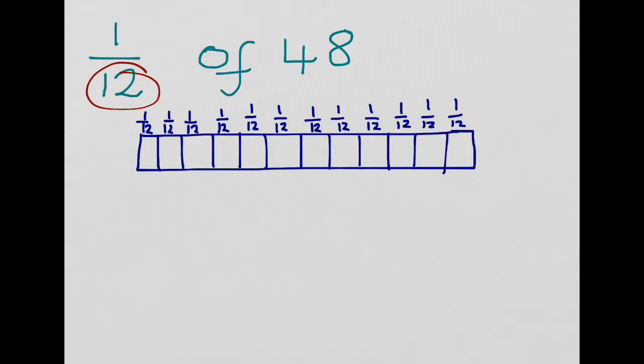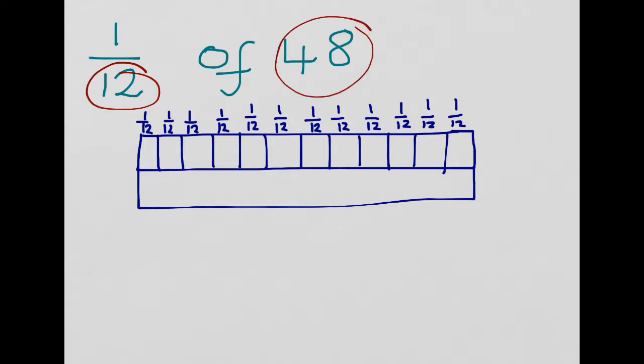So hopefully you've drawn another bar now, and what I would expect to see is a bar all the way along, and this one is going to be 48 long. And my question asked me to find 1/12 of 48. So I actually just want to know how much one little piece is. Now I know my diagram's not perfect. I haven't got squared paper.